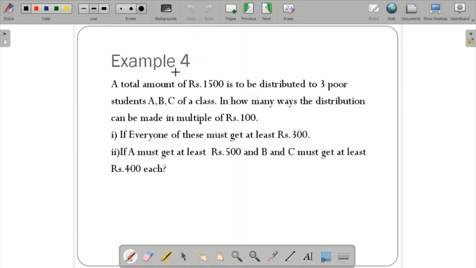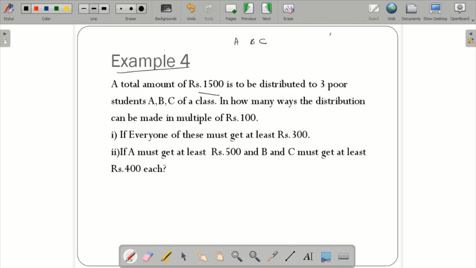So let us go to the example 4. A total amount of rupees 1500 is to be distributed among 3 poor students A, B, C of a class.